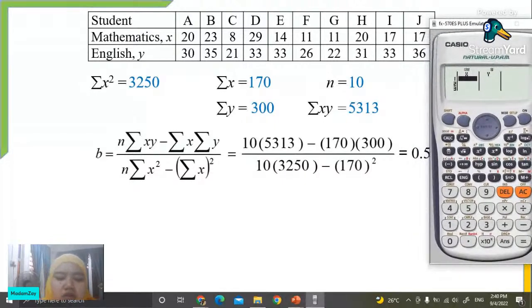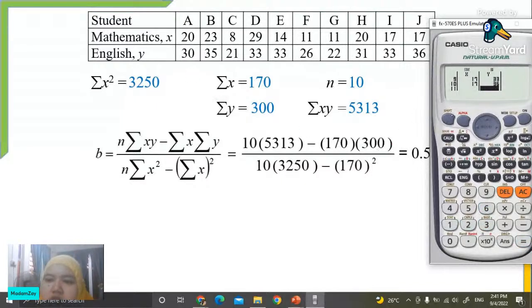We have 20, 23, 8, 29, 14, 11, 11, 20, 17, 17. So 10 students, right? Then 30, 35, 21, 33, 33, 26, 22, 31, 33, 36.